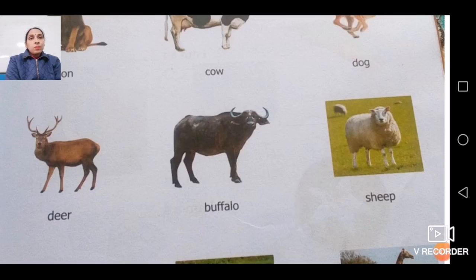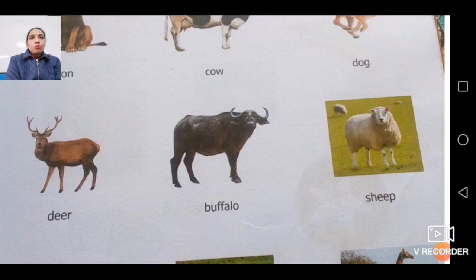Now we'll come to sheep. Again, sheep is also a domestic animal. Sheep are found on our farms, and we are getting wool from sheep, and from that wool we are making different woolen cloths.